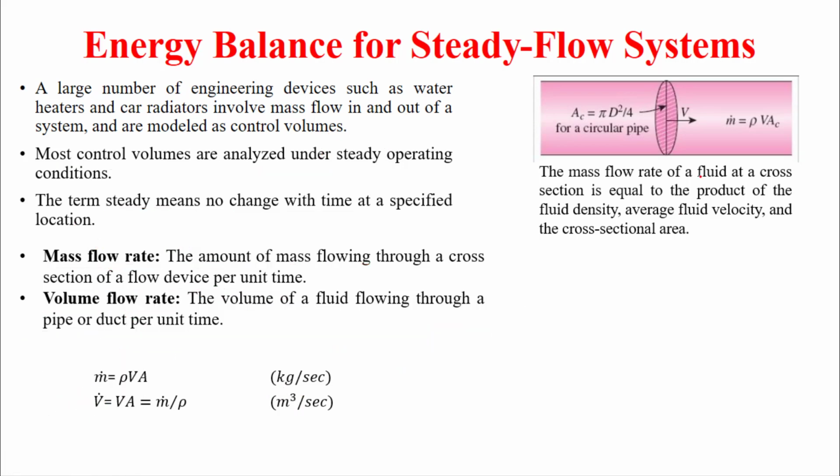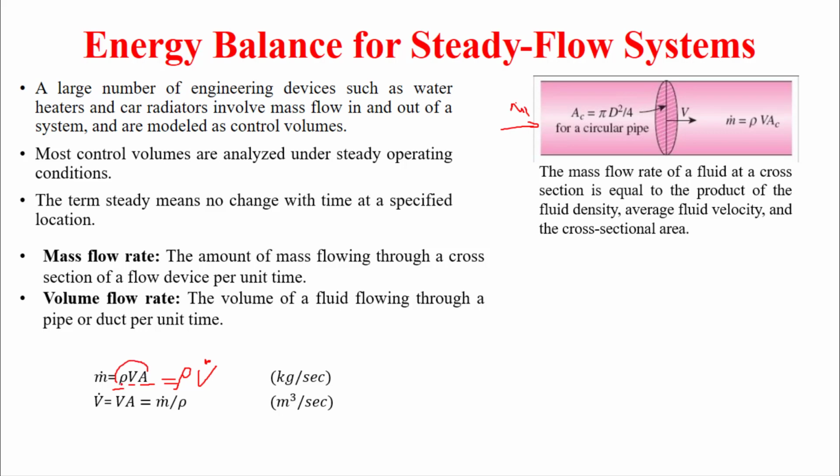Now, if I need m dot in, or m dot out, we should calculate it from rho multiplied by velocity multiplied by area, or simply write rho multiplied by V dot.